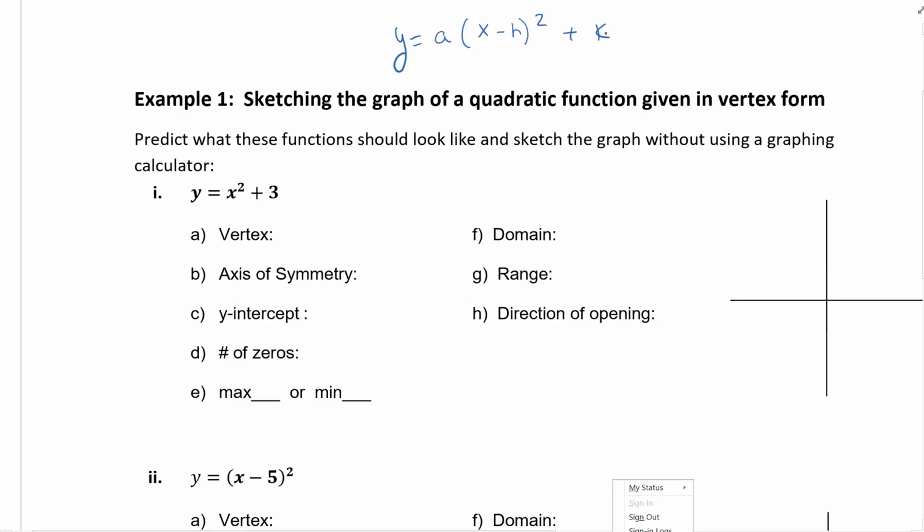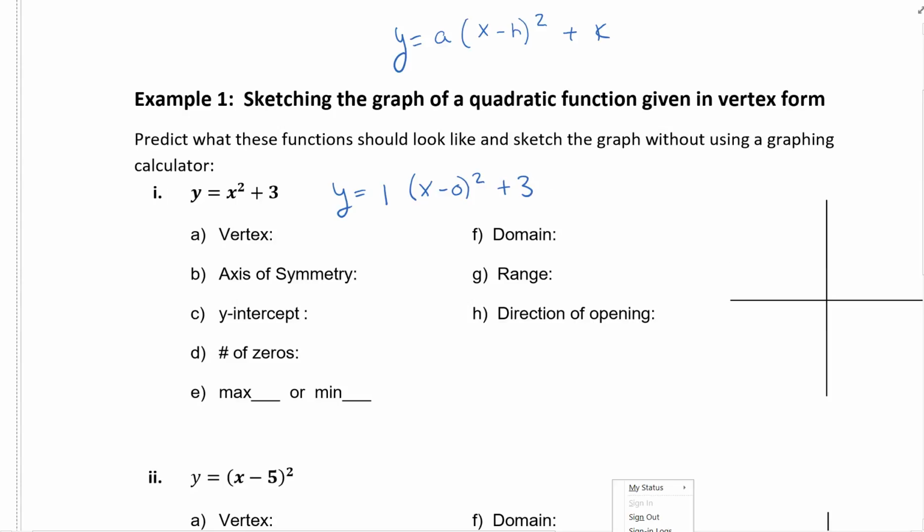Okay, so in this case, if I were to rewrite the first one, y is equal to 1 times (x minus 0) squared plus 3, because I've got an a value of 1, I don't have an h value in there, and I've got a plus 3 at the end.